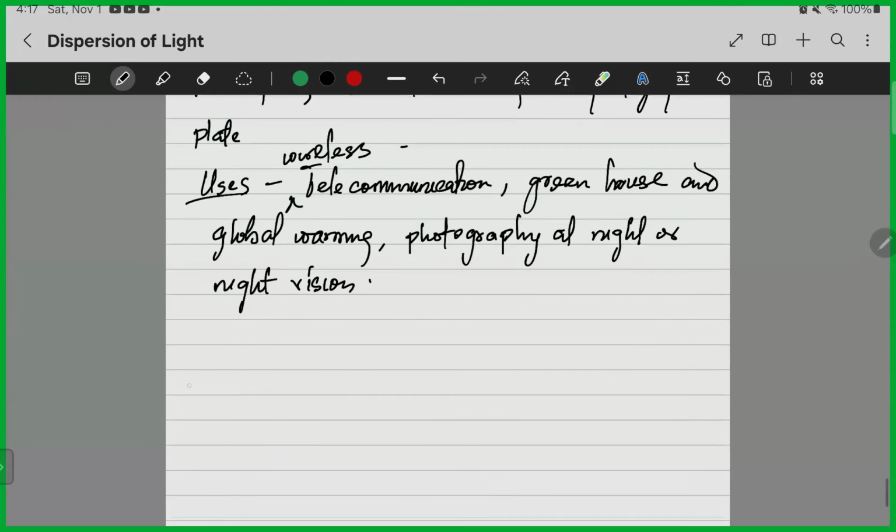Next one, radio waves. And the sources, the transmitter, straightforward.